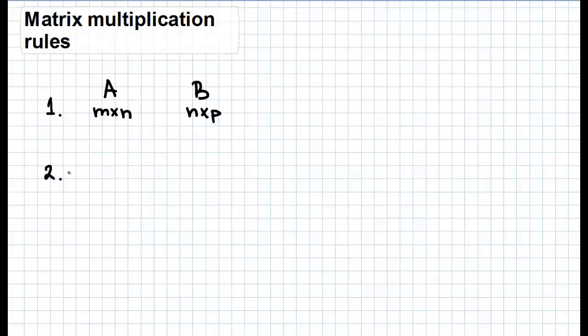Second rule is, the result of the multiplication of two matrices A and B is going to be a matrix C with order m by p. And third rule is, the product of two matrices is not always commutative, that is, A times B is not always equal to B times A.